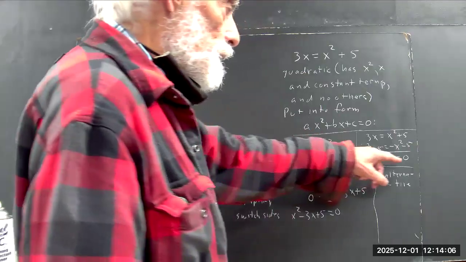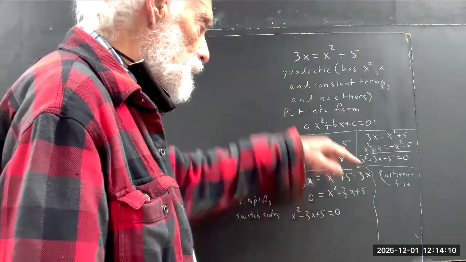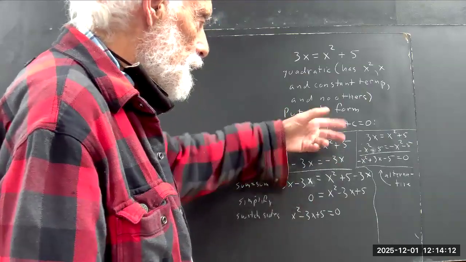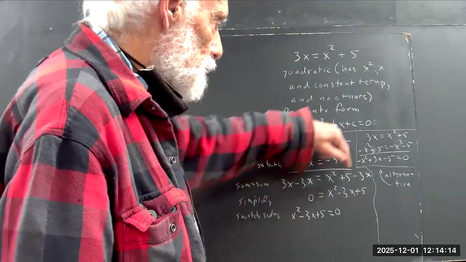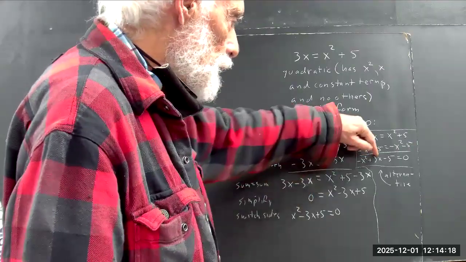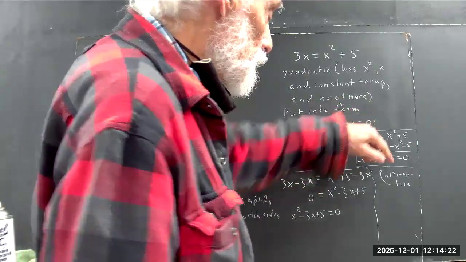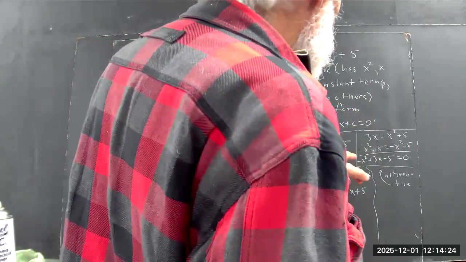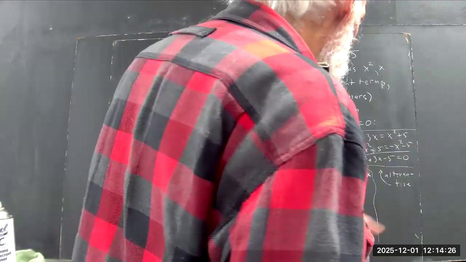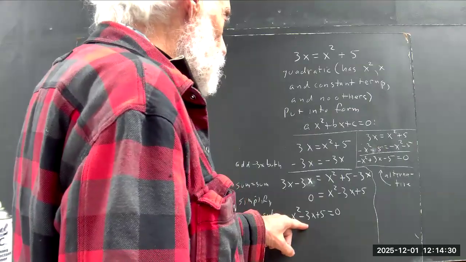Well, we can see that this equation is the same as this equation, except that every sign is reversed. We have x squared here, we have negative x squared here, we have negative 3x here, we have plus 3x here, we have plus 5 here, minus 5 here. So if we multiply this equation by negative 1, we get this equation, which might be preferable.